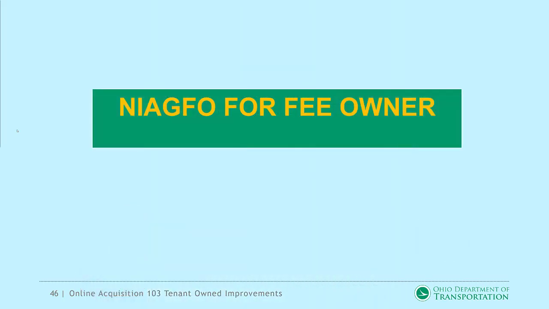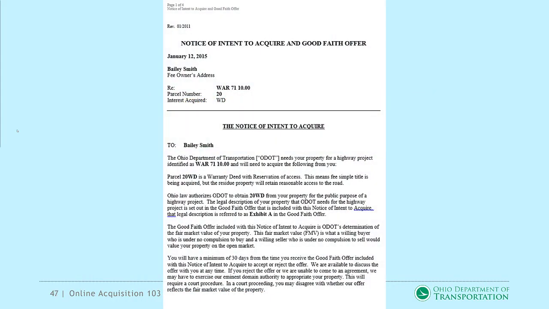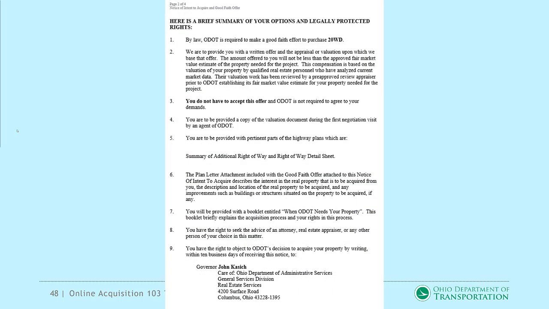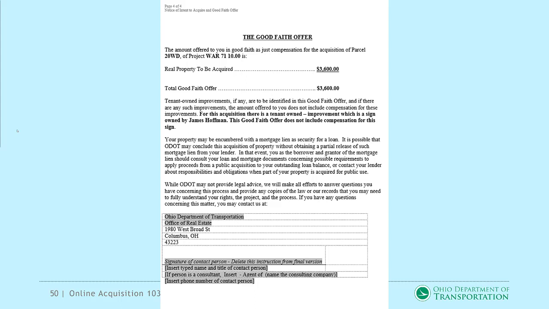The NIAGFO for the fee owner. Here is the notice of intent to acquire and good faith offer. And once again, these are the legal protected rights that the fee owner would see as he is presented that offer. And that continues to the next page. We're now at the good faith offer for $3,600.